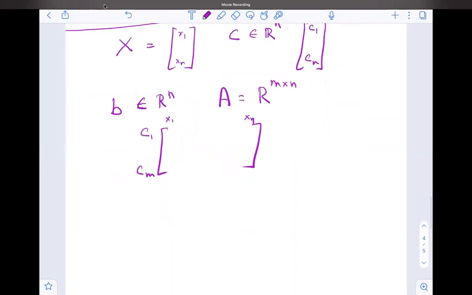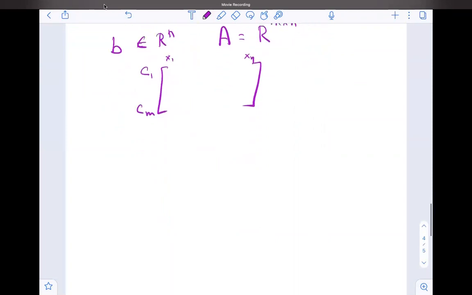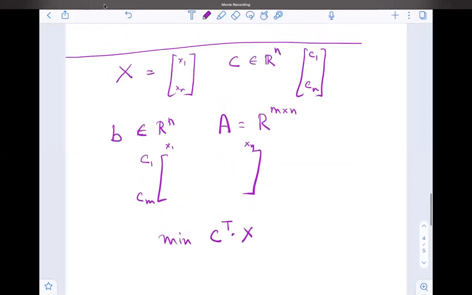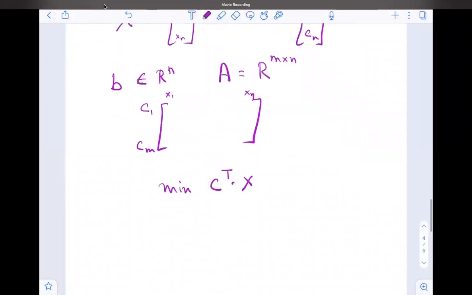Now, what is an ILP? You want to maximize or minimize, we can do it with minimize: minimize C transpose dot X. What is C transpose dot X? It is the summation of scalar c_i x_i, an inner product. Such that A dot X is less than or equal to B. What do I mean by that?